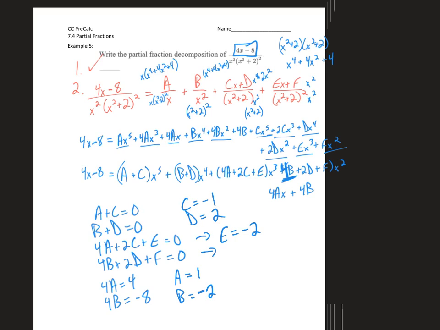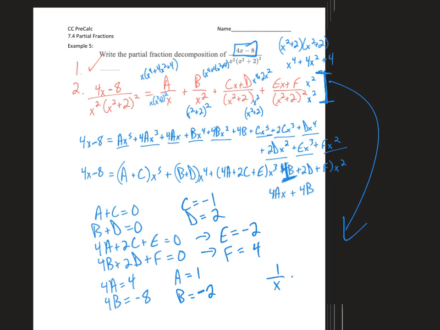Down here, if B is negative 2, that's negative 8 plus 4. So F must be positive 4. Yikes.